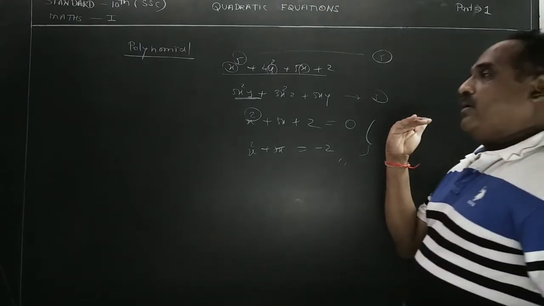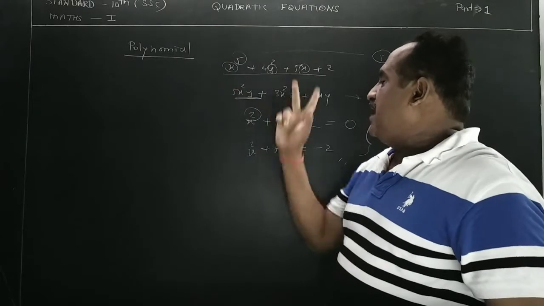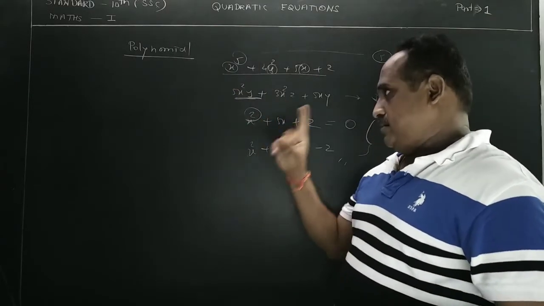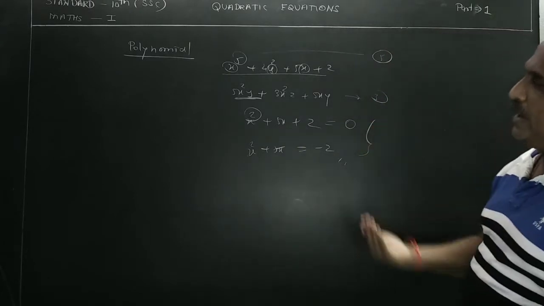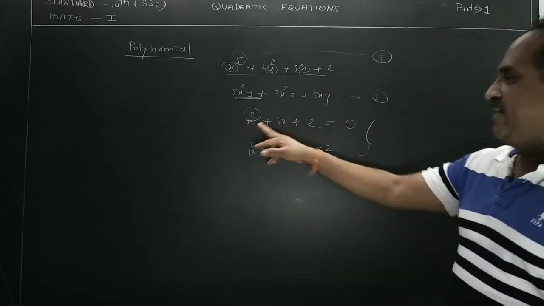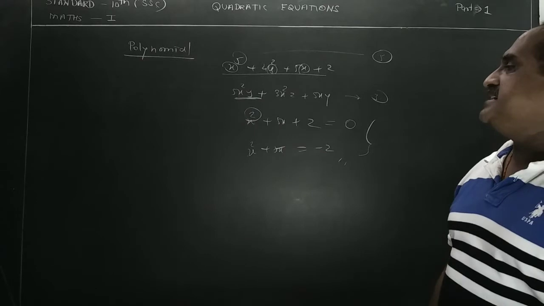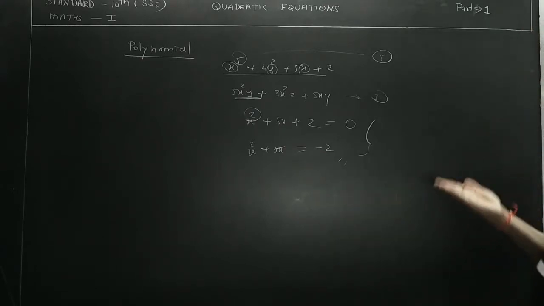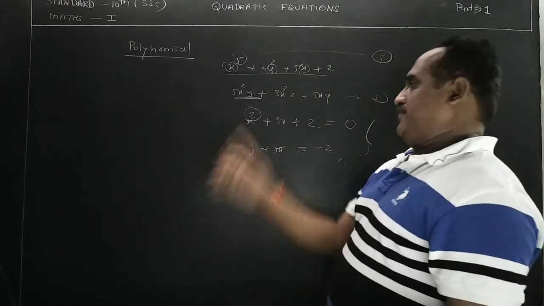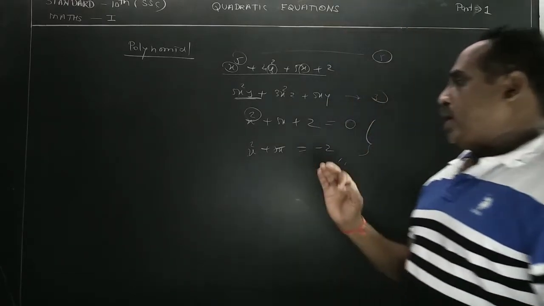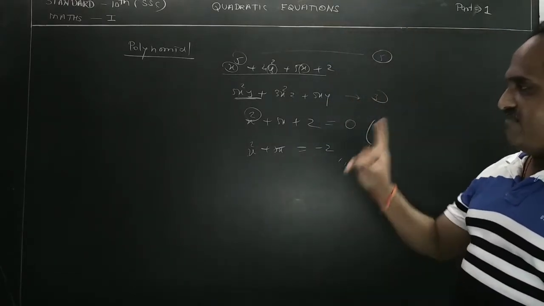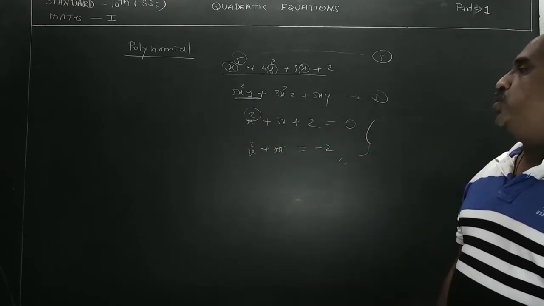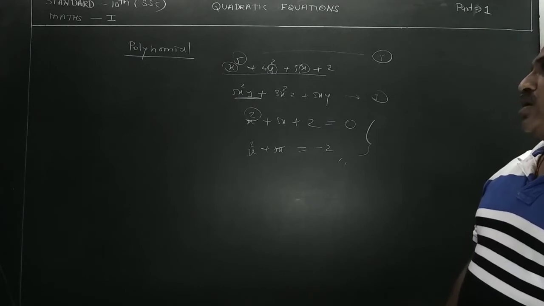The equation of a polynomial having index 2 and variable 1. Once again, the equation of a polynomial of one variable and highest index 2 is called what? Quadratic equation.